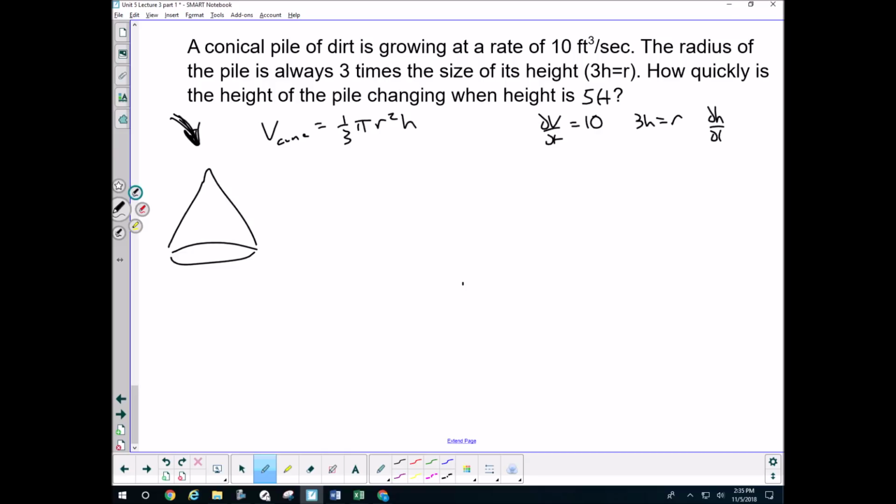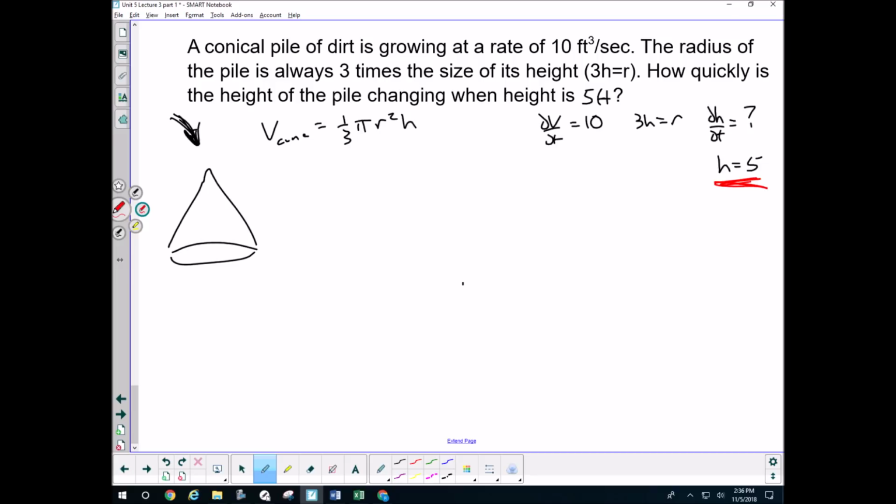That's dH/dt equals what when h is 5? Okay. Is h always going to be 5? Discuss with your neighbors. Will the height of this conical pile of dirt always be 5?